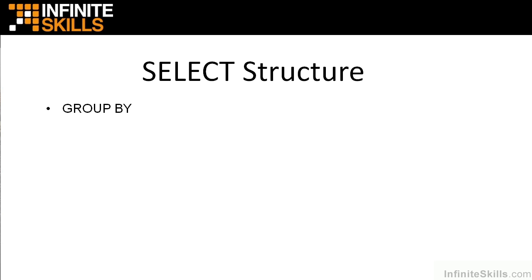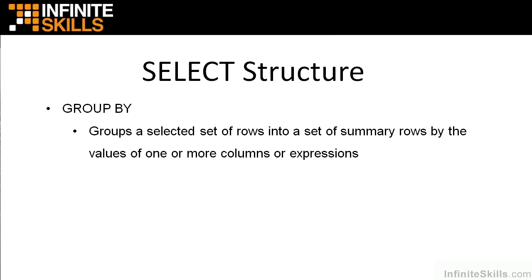Now the group by clause is one of those things that the first couple of times you see it, you'll kind of feel like a fluorescent bulb. You kind of flicker, and every time you flicker, it stays on a little longer, and then finally you'll get it. But we'll go slow and explain it when we get to the group by later. This actually groups a selected set of rows into a set of summary rows. It's kind of rolling up summary totals, if you will, by the values of one or more columns or expressions.